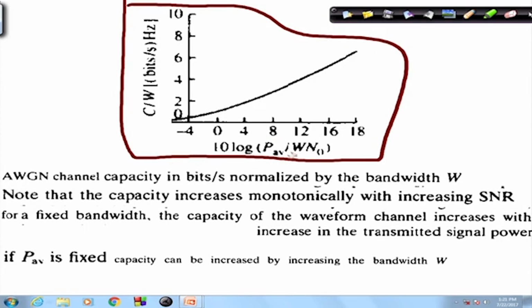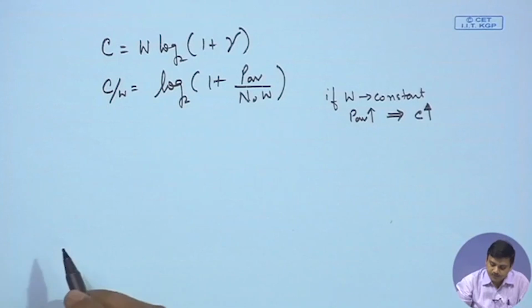As you keep increasing PAV, you can keep indefinitely increasing C upon W or C if we keep W constant. With W constant, the denominator you can neglect, and N naught is constant anyway. So, you can read this curve as increasing PAV, it goes up, which is also relevant from the expression in front of us.